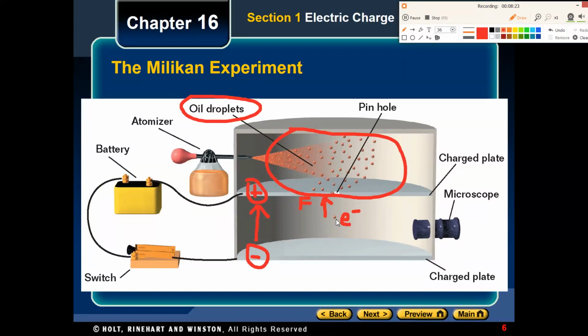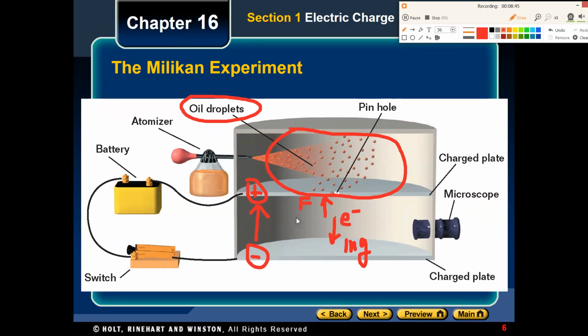However, on the other hand, all the droplets have gravity. There's a weight of all the droplets, mg, which we talked about in the previous chapter. Millikan can adjust the magnitude of the electric field.